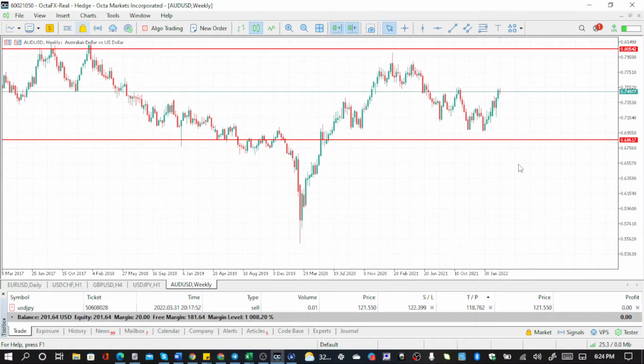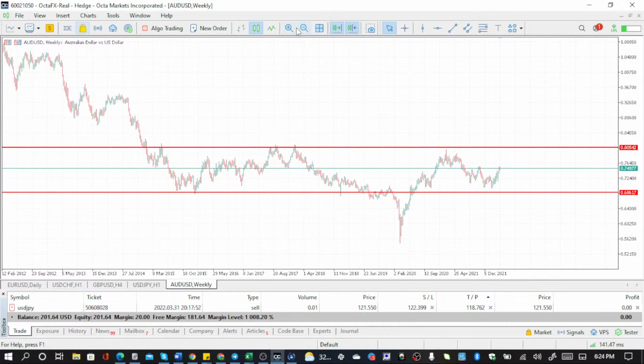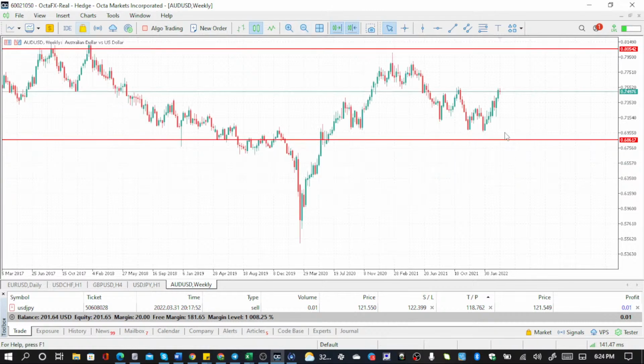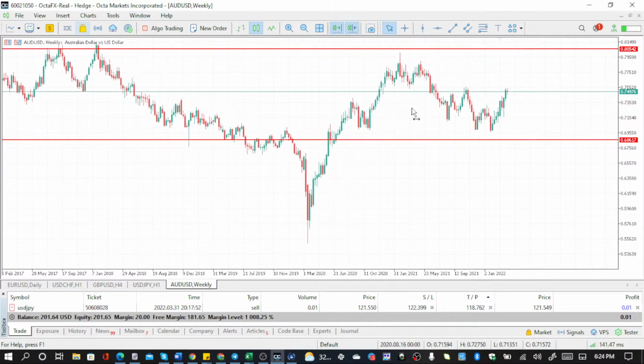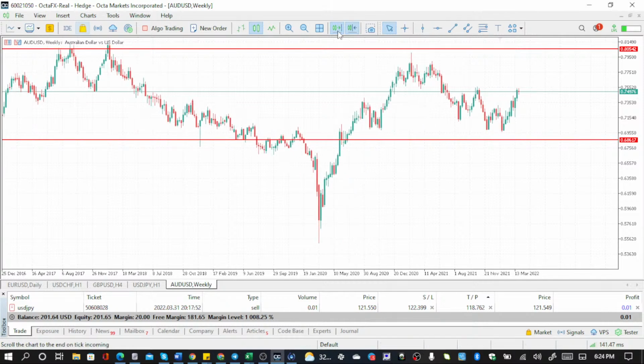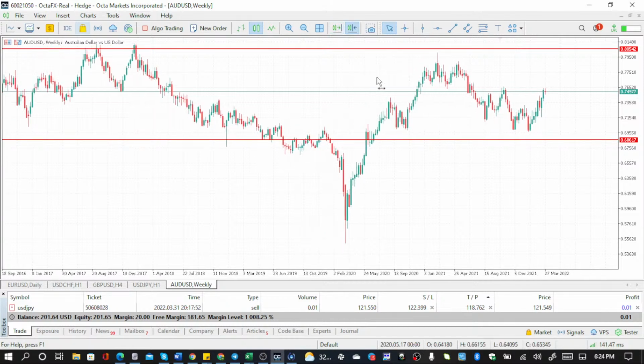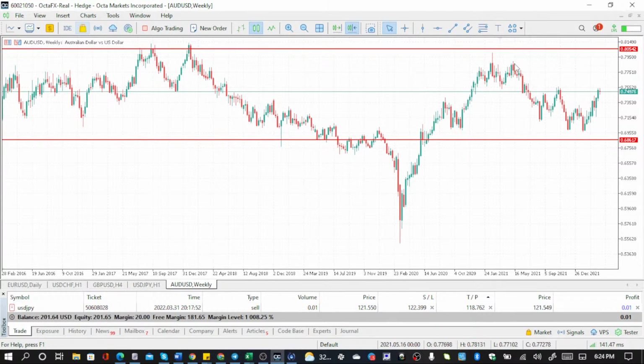All right, now we can see what's happening here on the weekly time frame. In this consolidated market, something different is happening. After a sustained fall in the price of the Australian dollar to US dollar, there's now a recent rise in the price.